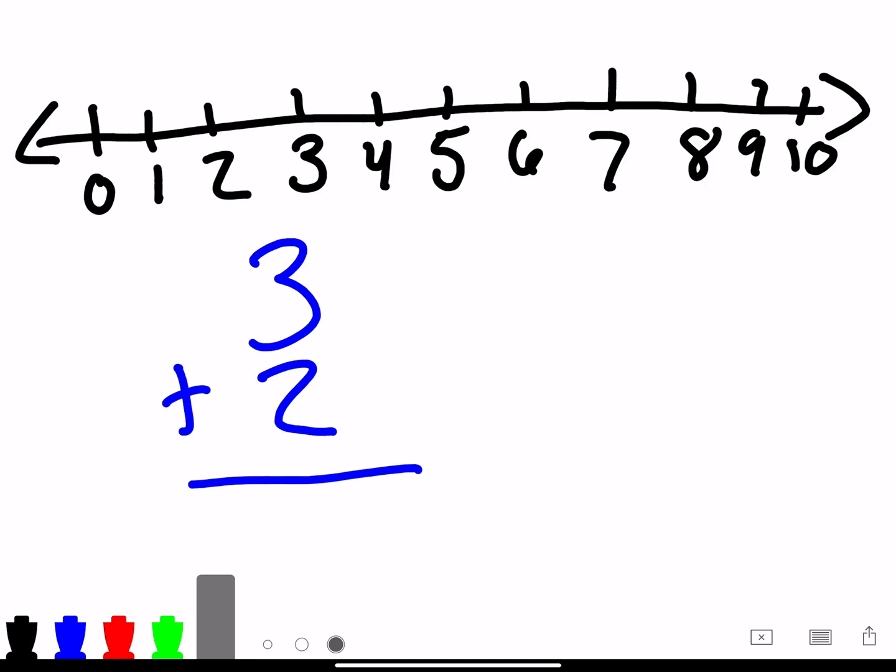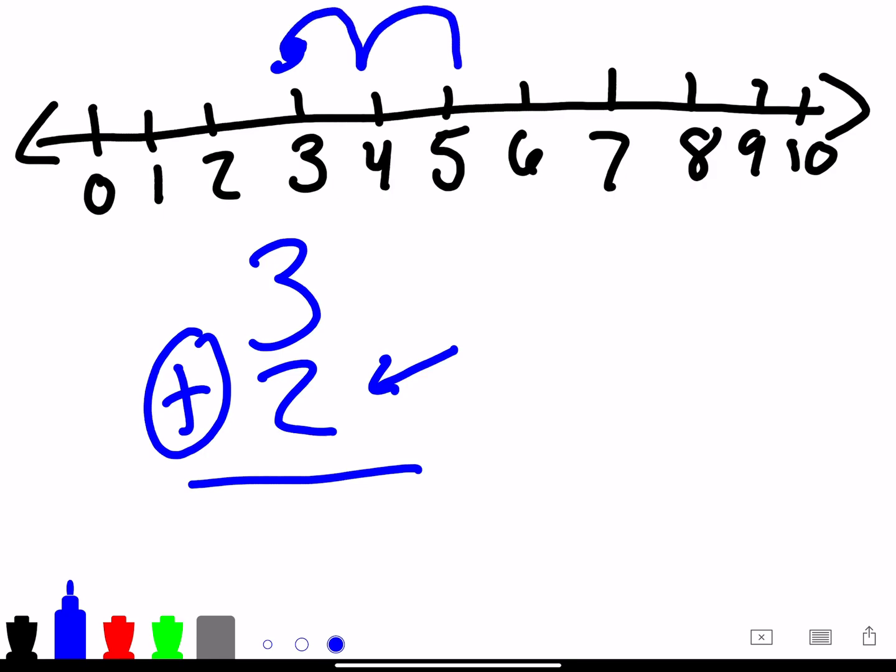So since 3 is higher than 2, I'm going to put my dot on the 3. And since we already used the 3, we are going to move upward. We're going to move further away from 0 using the number 2. And since we're using our plus sign, we're moving away from 0. So 1, 2. We have the number 5.